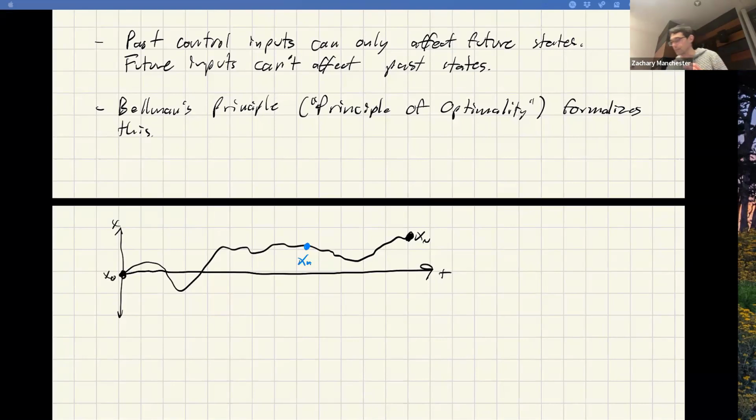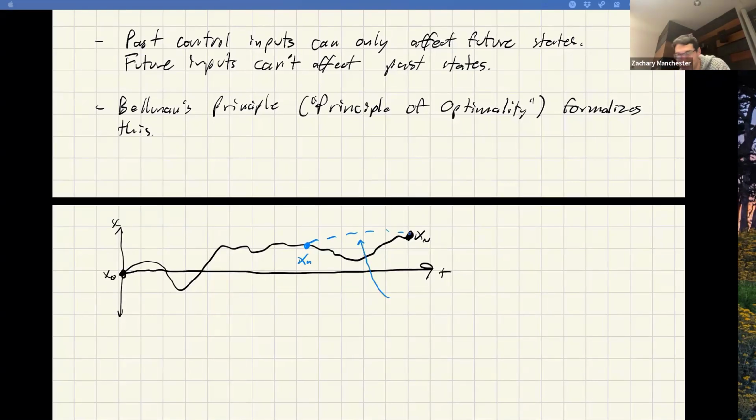The same trajectory, right? The logic is that if the subproblem starting from xk had a lower cost solution, say going this way, then I would have taken it on the original longer problem because it's lower cost. Cool, so that's sort of obvious. All of this is actually very, very obvious and very intuitive.